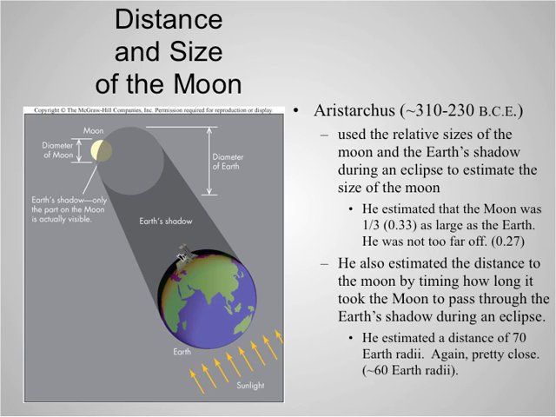He was also able to determine an estimate of how far the moon was away from the Earth based on how long it took to pass through the Earth's shadow during the eclipse. Again, his estimate was fairly close. It's amazing to think about ancient astronomers being able to come up with such estimates with no tools with which to gauge these things.